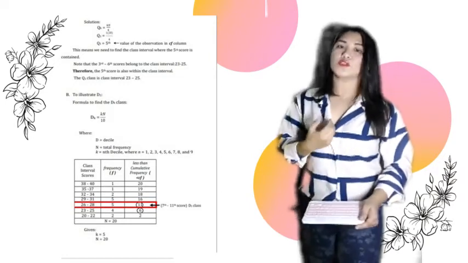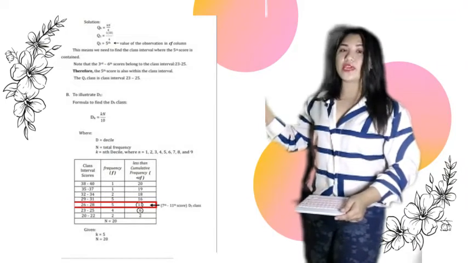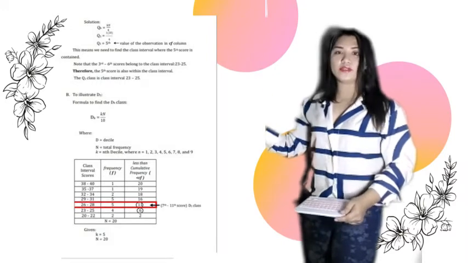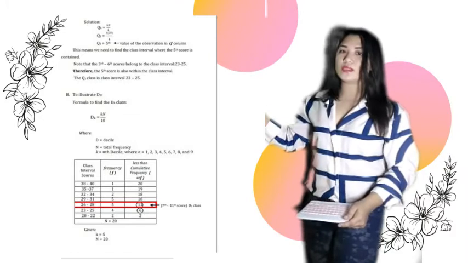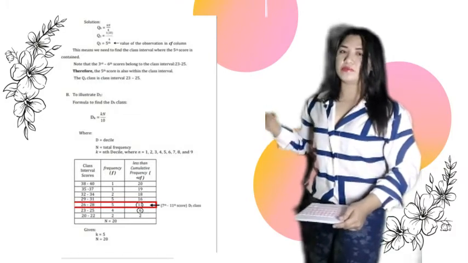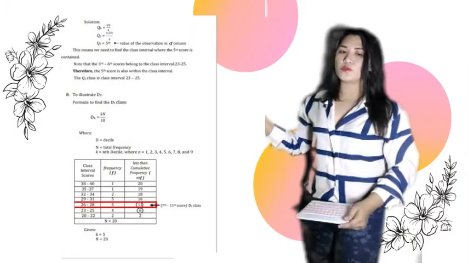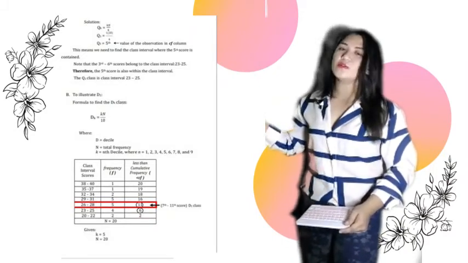So you will have Q1 equal to 1 times 20 divided by 4, because it has 4 equal parts. So your Q1 will be equal to 1 times 20, which is 20, divided by 4, which gives you 5.